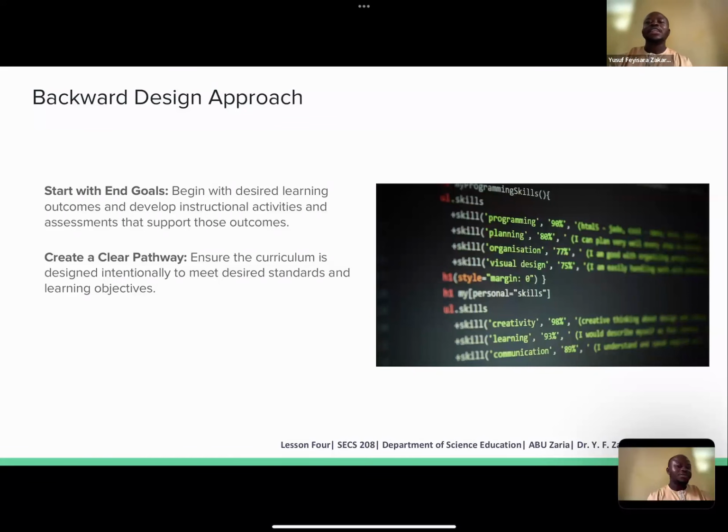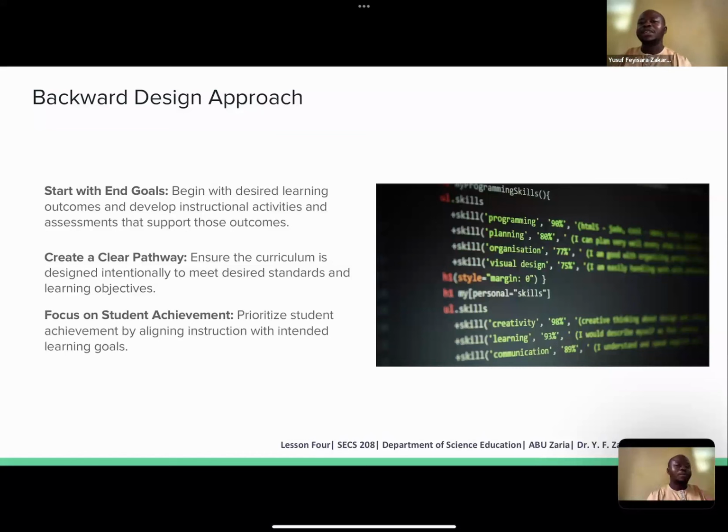Are you okay with this? Then focus on student achievement. You prioritize student achievement by making sure that you align the instruction with the intended learning outcomes. What the teacher actually teaches in class is in line with what is set out. So this is what we call the backward design approach. You start with the learning outcomes.